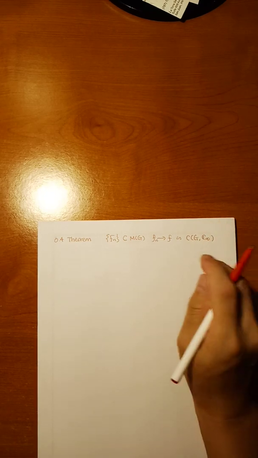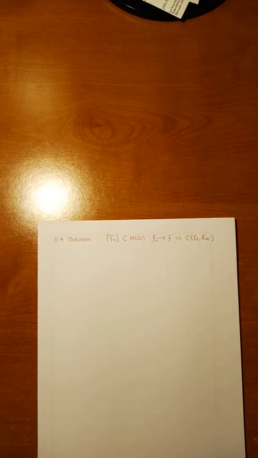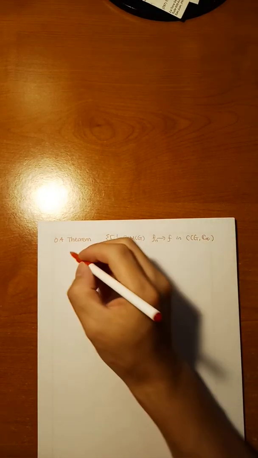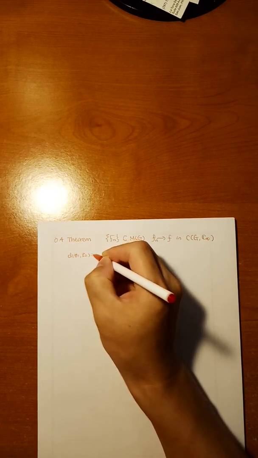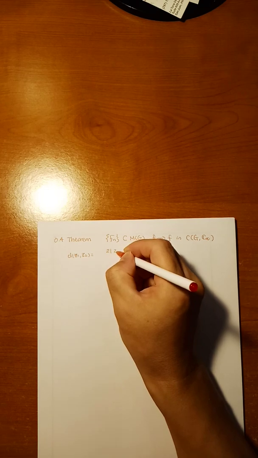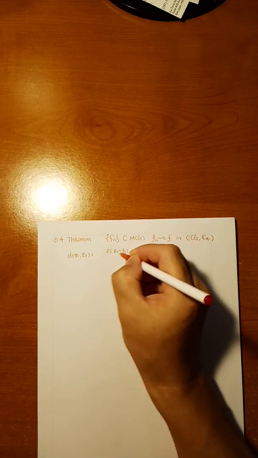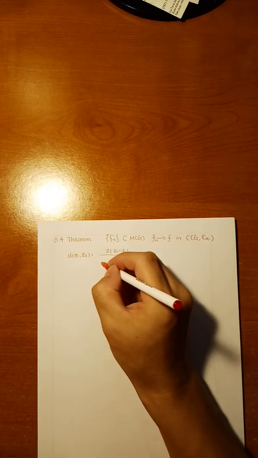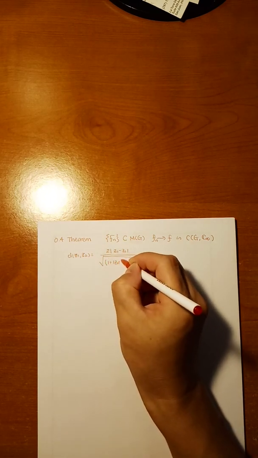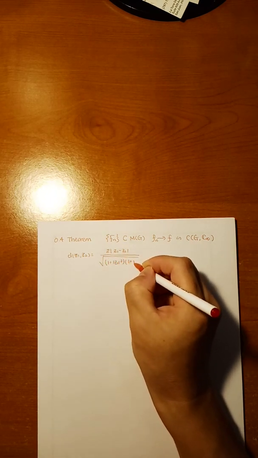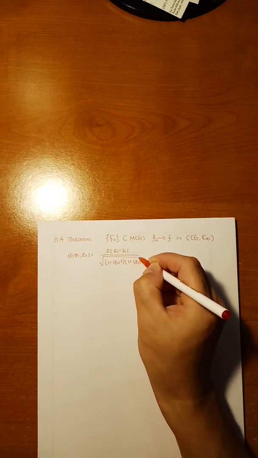Remember that C ∪ {∞} has that metric, the metric d. d(z1, z2) is 2|z1 - z2| over the square root of (1 + |z1|²)(1 + |z2|²).